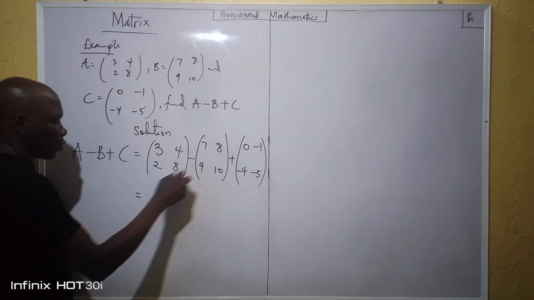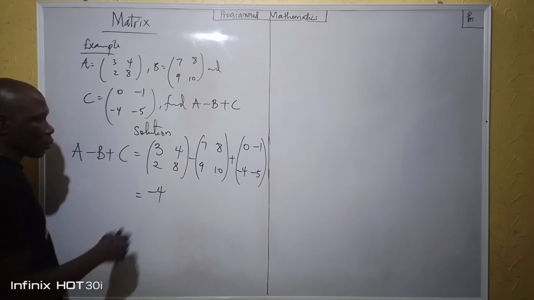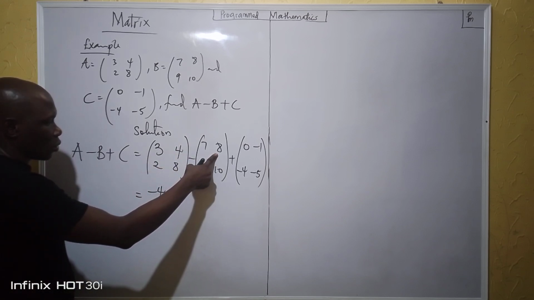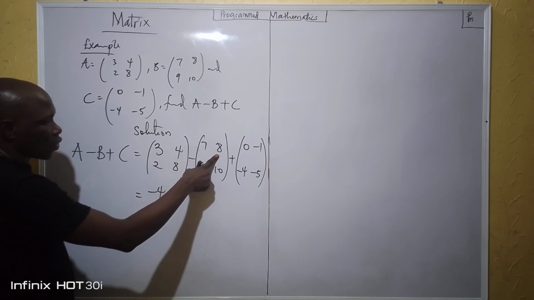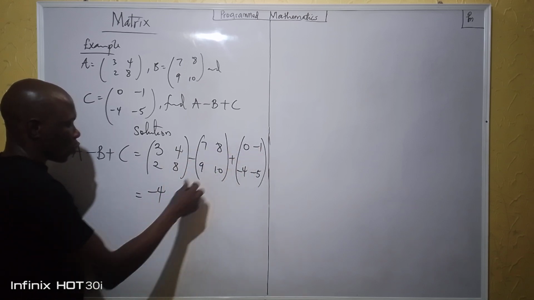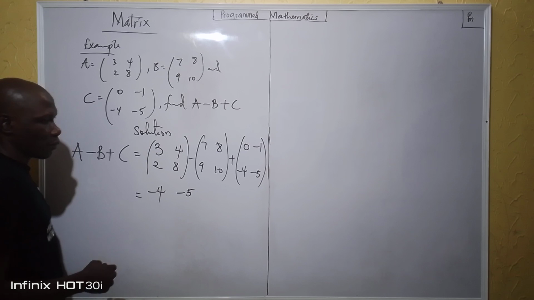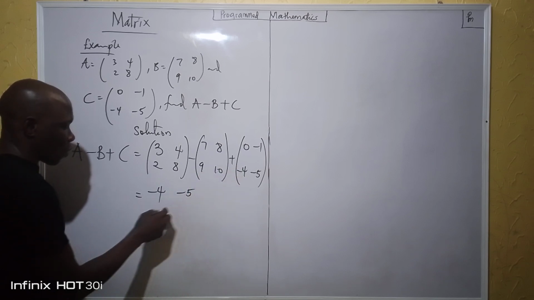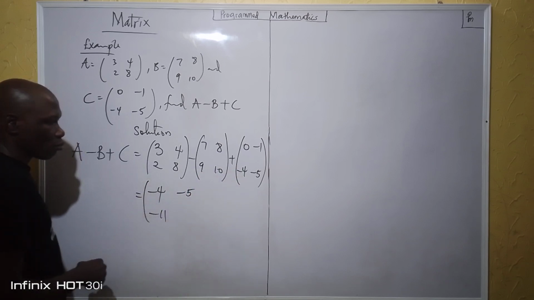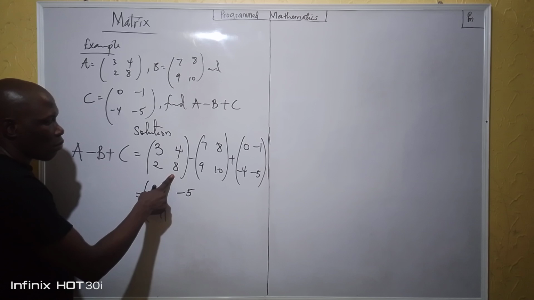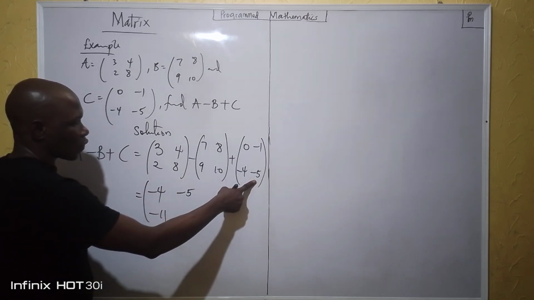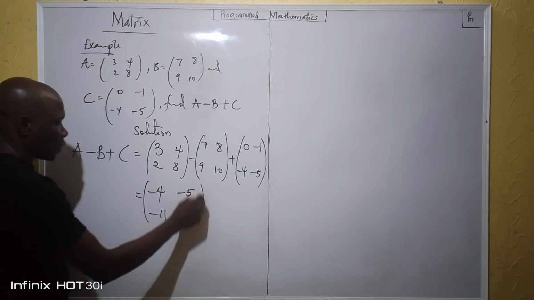Minus 4 plus 0 is still minus 4. 4 minus 8 is minus 4. Minus 4 minus 1 is minus 5. 2 minus 9 is minus 7. Minus 7 plus minus 4 is minus 11. Then 8 minus 10 is minus 2. Minus 2 plus minus 5 is minus 7.